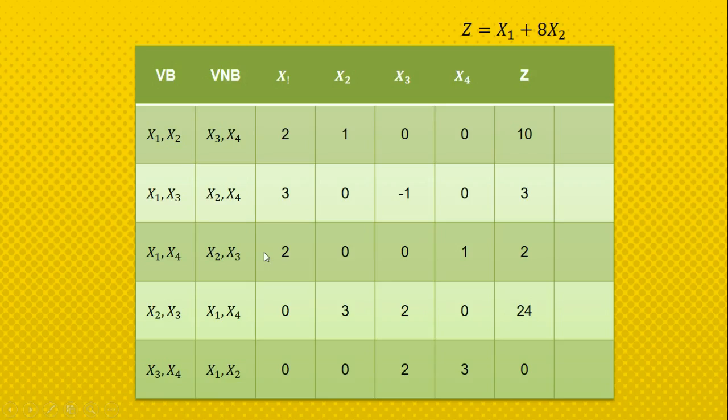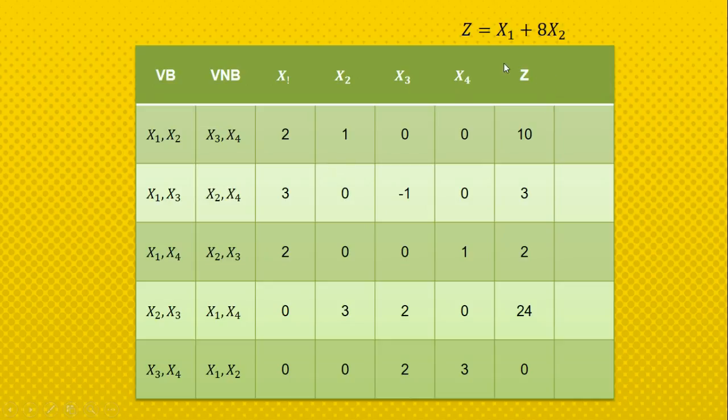So we can recapitulate all of the conclusions. You can know which variables are basis and which are non-basis. We add them in the table, and we can get the z value.